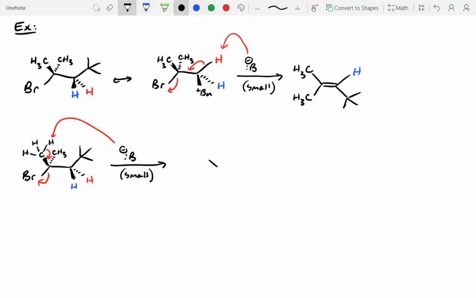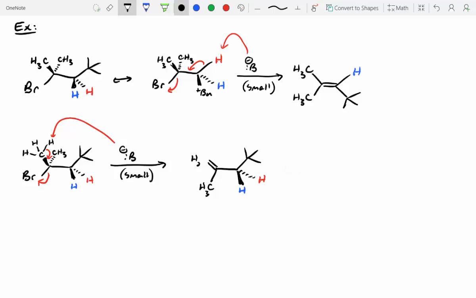So let me actually draw this out. And we've got this blue proton still hanging out, this red proton, and we've got a CH3 here, and we've got a CH2. We don't have to label those necessarily unless you absolutely want to.